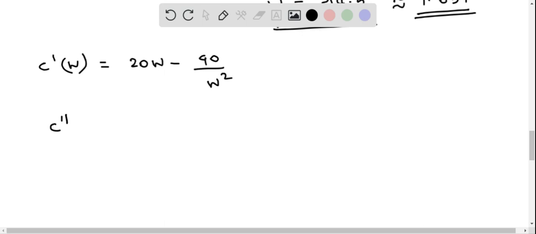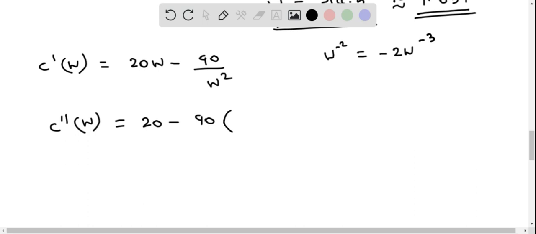I differentiate once again, so C double prime of W equals 20 times the differentiation of W, which is 1, and then minus 90 times the differentiation of W power minus 2, which is minus 2 W power minus 3 when you apply the power rule. So when I put this here, this is equal to minus 2 by W cube. Let's simplify this. This is equal to 20 plus 90 times 2, which is 180, divided by W cube.